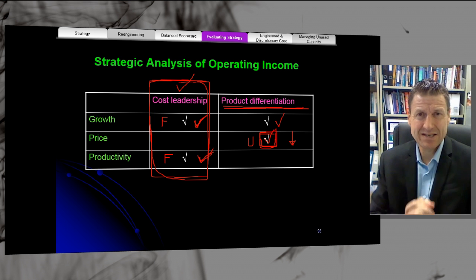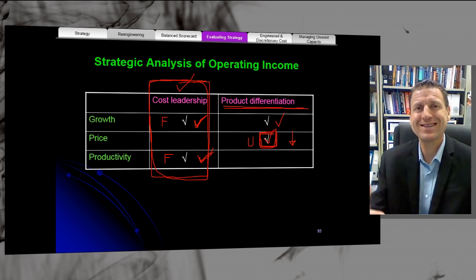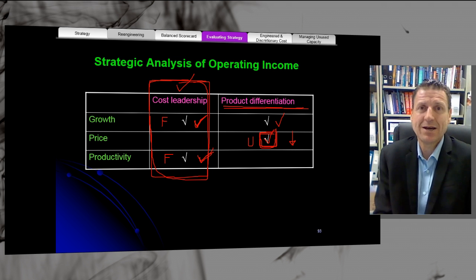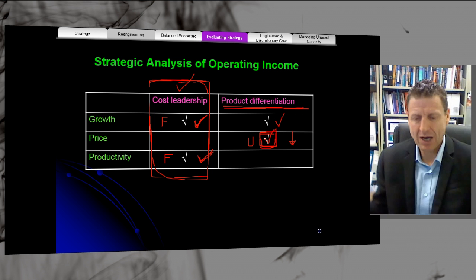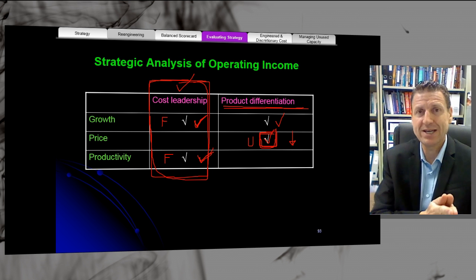Okay, let's get back to what it means for the balanced scorecard, because with the balanced scorecard we're not focusing on the financials. And why, after all this, in this exercise have I been focusing so much on the financials? Well, the financials get the attention of senior management. Now, which areas do you have control over?